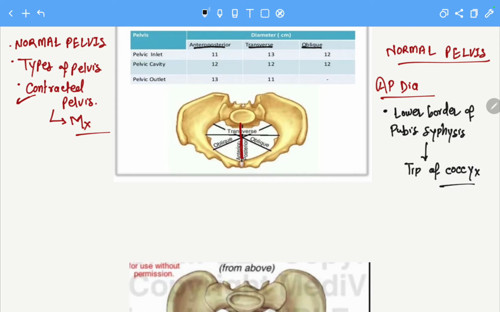From the lower border of the pubic symphysis to the tip of the coccyx, this is the AP diameter.